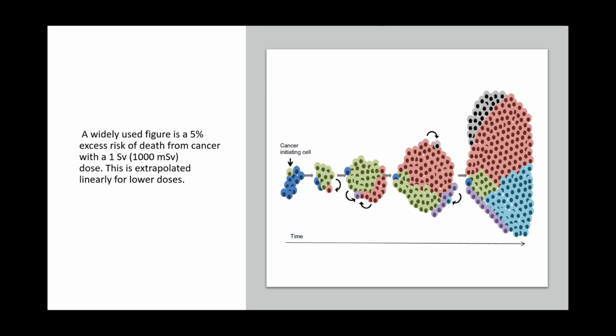A widely used figure is that a 5% excess risk of death from cancer occurs with 1 sievert of radiation dose. Remember, dose is the amount of radiation that we get at one time, or acute dose is the amount of radiation we get at one time. We may get several different doses that add up to 1,000 millisieverts over a period of time.